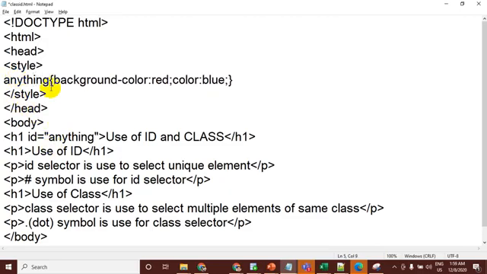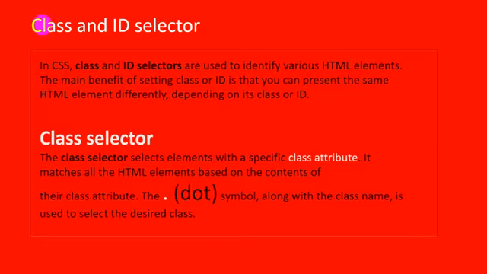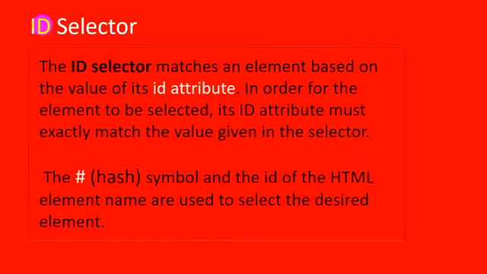But if you remember, id is written by using a symbol called hash symbol, so you have to put the hash symbol. Just flip back to your PowerPoint, so you will get how id can be written. So id selector can be written by using the hash symbol, so you have to prefix the hash symbol before your id value.